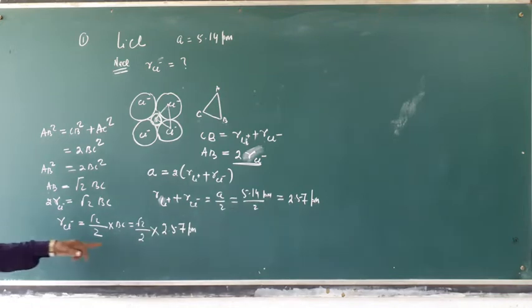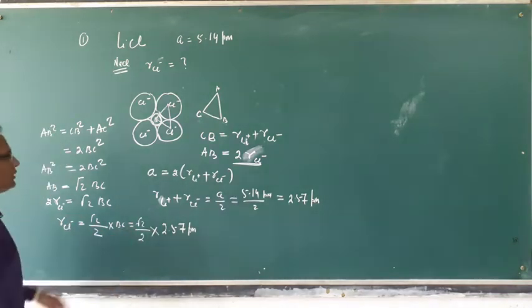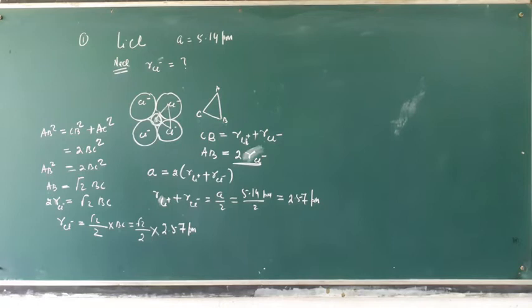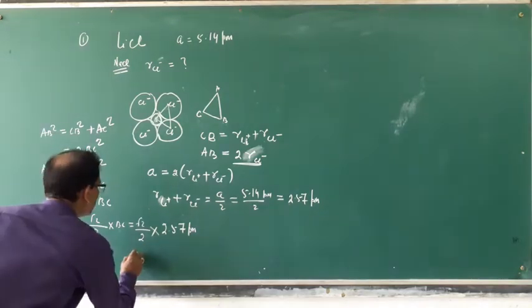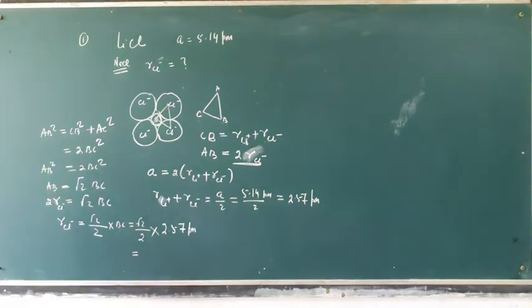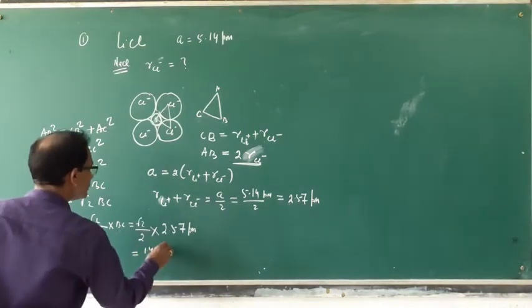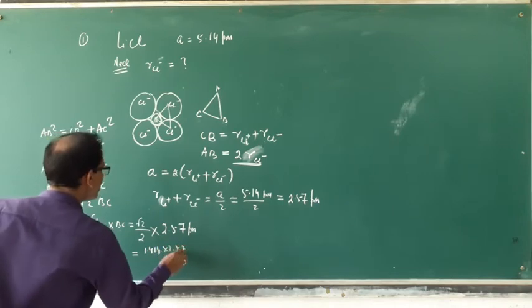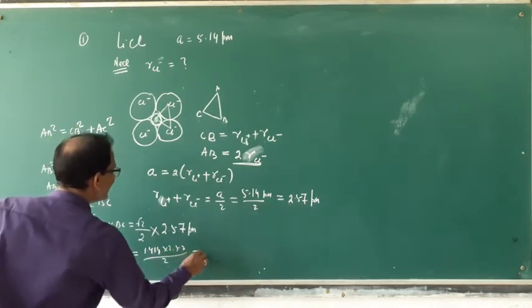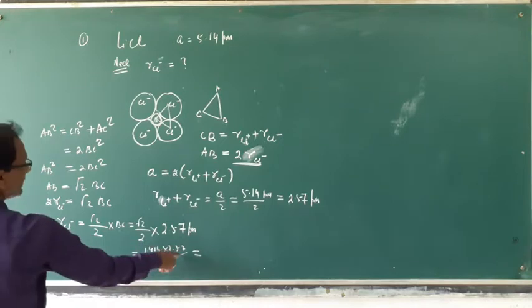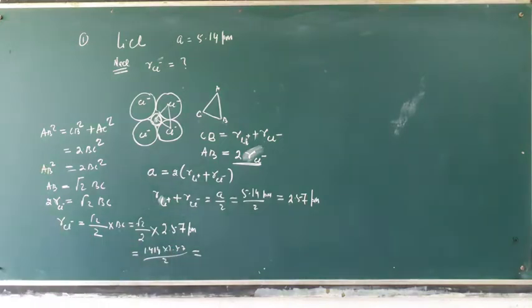So, if you solve it, root 2 by 2 into 2.57, your answer will be how much you calculate? What is the value of root 2? 1.414. 1.414 into 2.57 by 2. So 2.57 approximately 1 point something. So result is how much? You calculate quick. How much is coming?